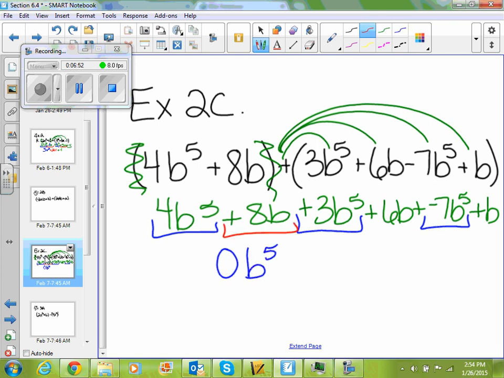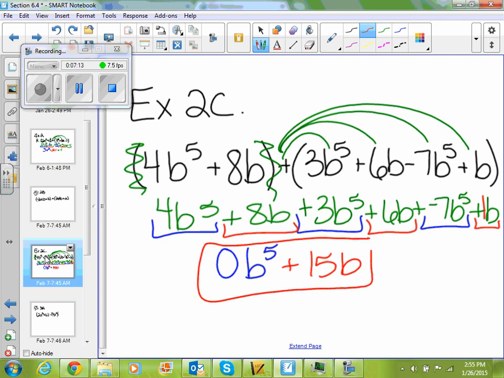If I look at my 8b, what can I combine with my 8b? The 6b and that 1b. So 8 plus 6 is 14. 14 plus 1 is 15. So plus 15b. That's it.